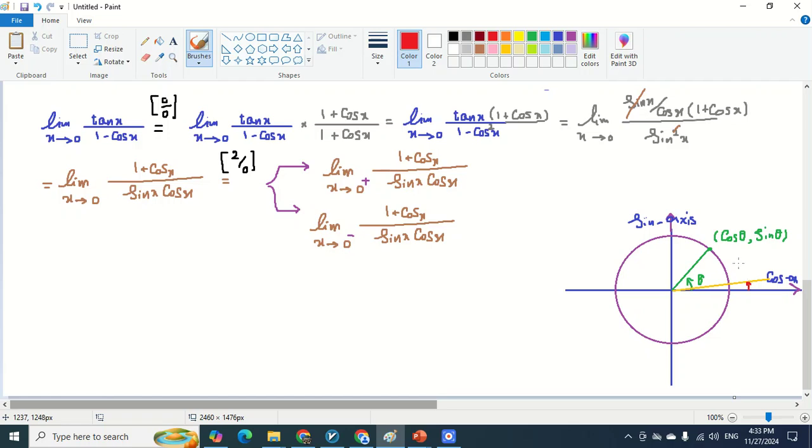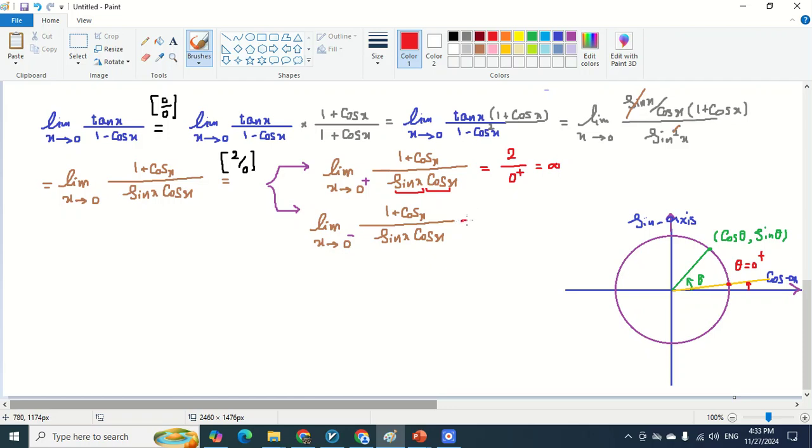And if theta is 0 plus, as you can see, the x and y values are both positive, which means that both sine and cosine at the denominator are positive. So we have 0 plus at the denominator, and at the numerator we have 1 plus cosine of 0, and cosine of 0 is equal to 1, as you can see in the circle as well. It becomes 2 over 0 plus, so the value over there will be plus infinity.